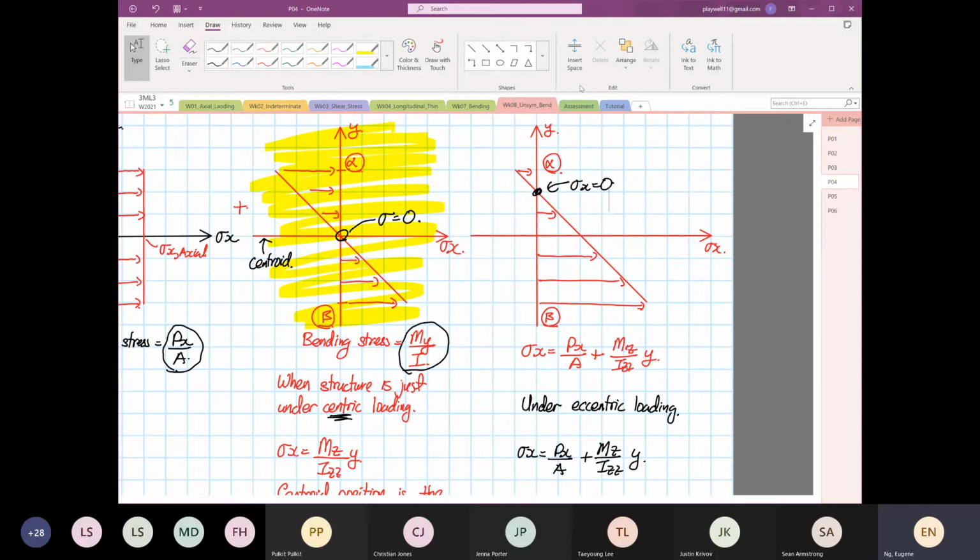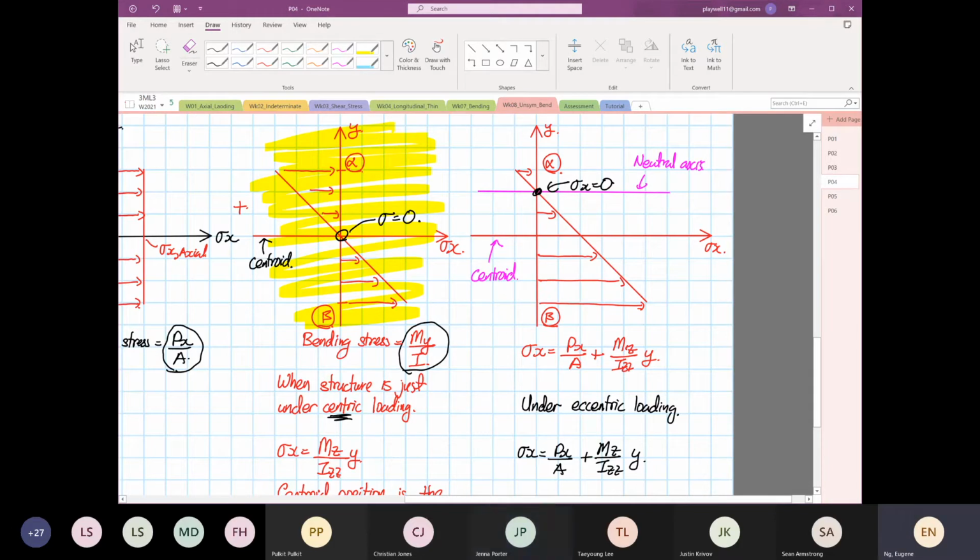So now, what we have over here is known as our neutral axis. And then this point is still our centroid.